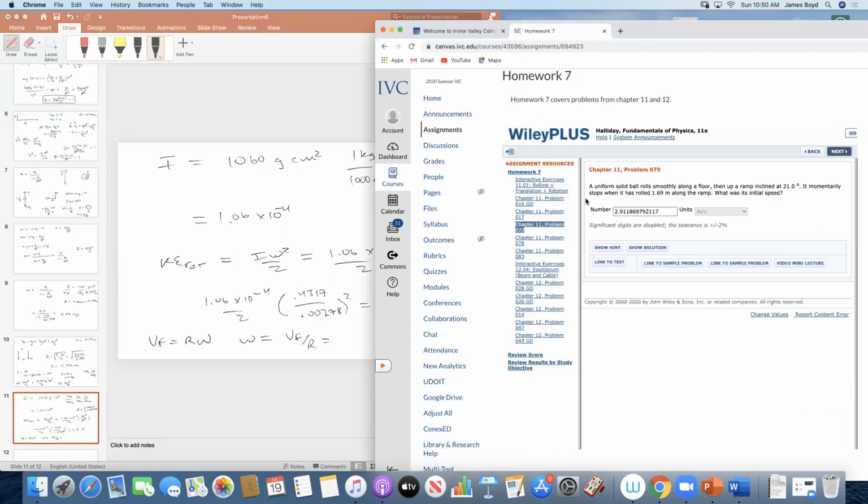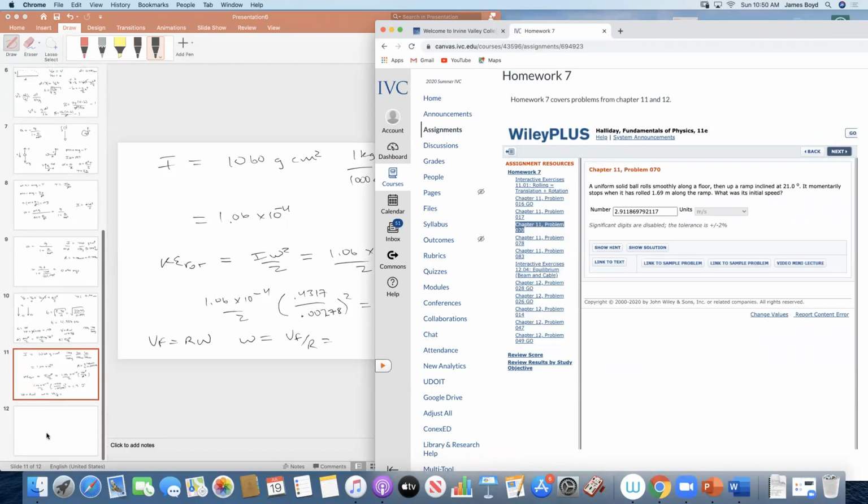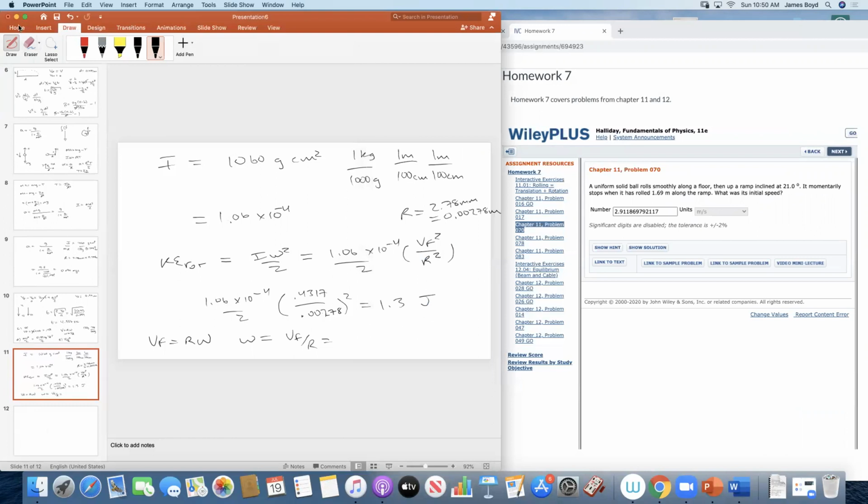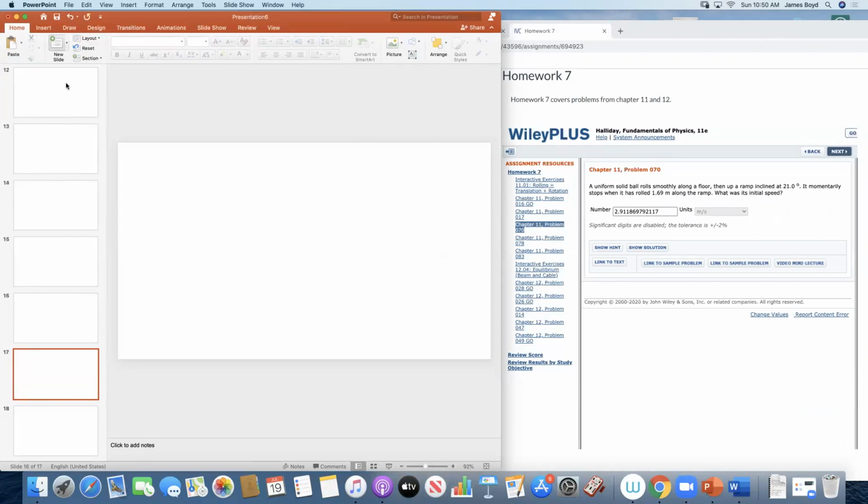Let's go to problem 11. Now these next three problems are actually super simple problems, which is really nice. Problem 11 says a uniform ball rolls smoothly along a floor, then up a ramp inclined at 21 degrees. It momentarily stops at the top of the ramp, and all we need to do is find the initial speed.